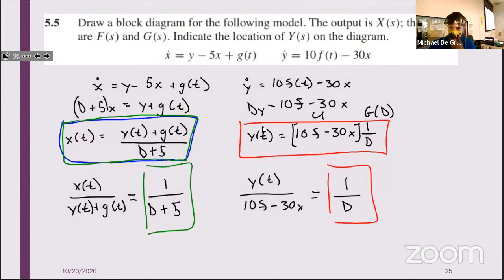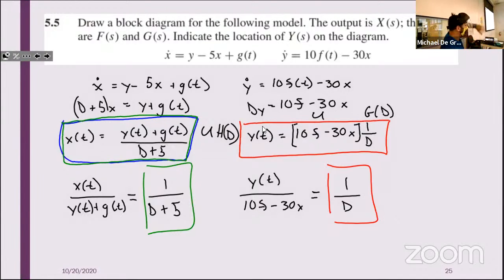Again, this equation here on the left is just U times H of capital D, right? Because my other transfer function is 1 over D plus 5. So I know that X has to equal this. Well, how do I get there? The transfer function times my input, right?